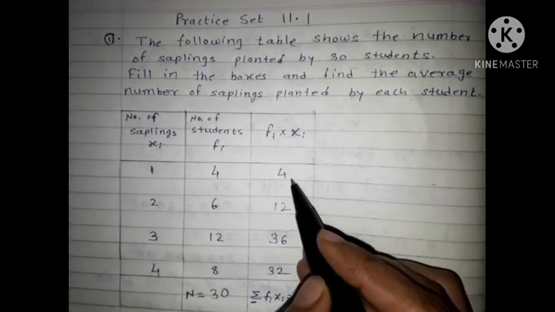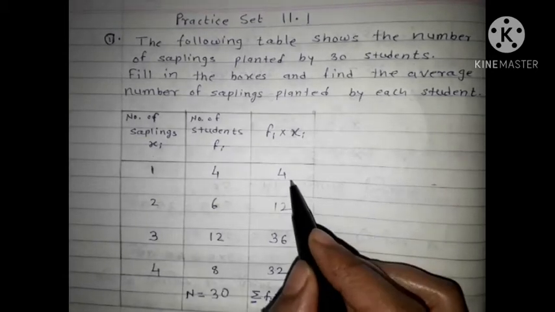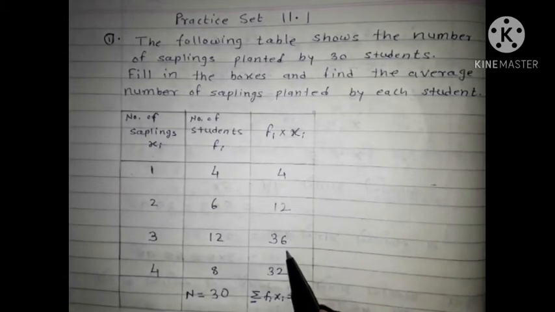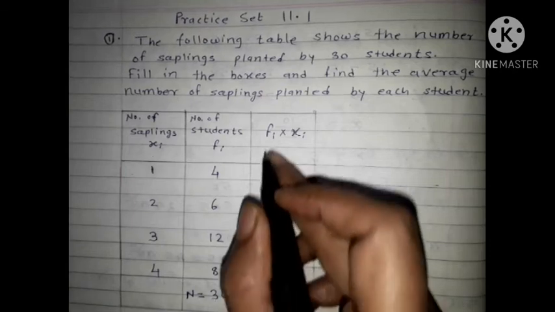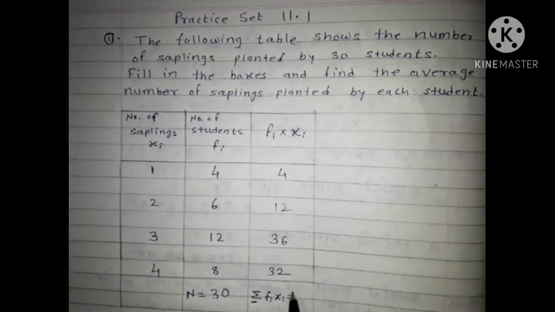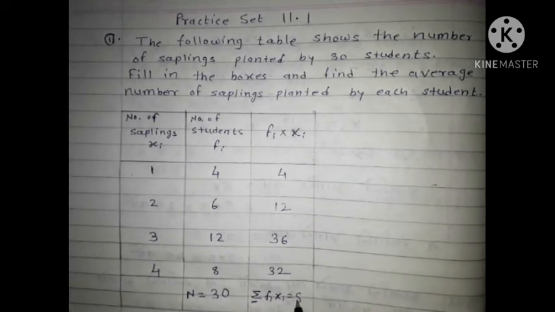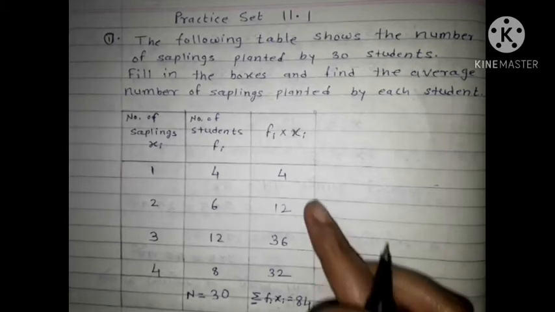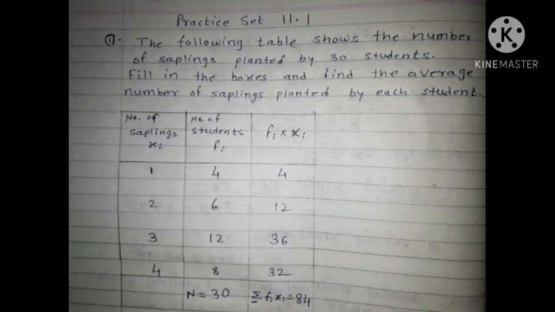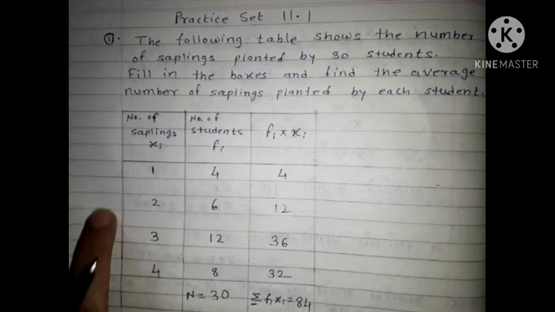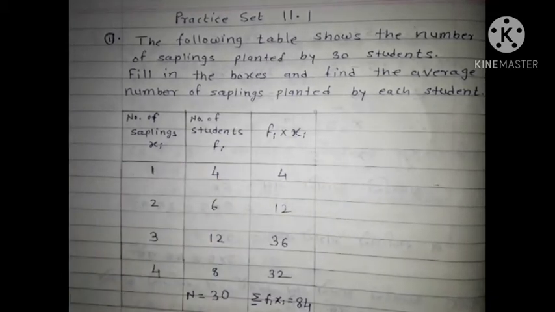We add all these four numbers, and the addition is 84. Now the table is completed.